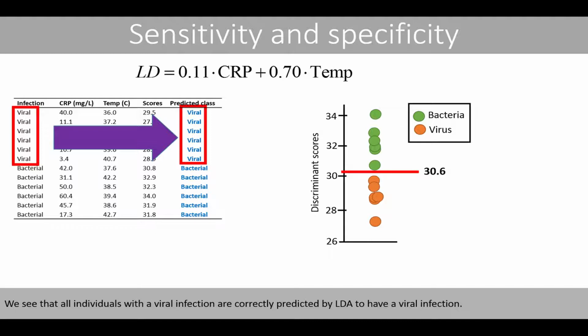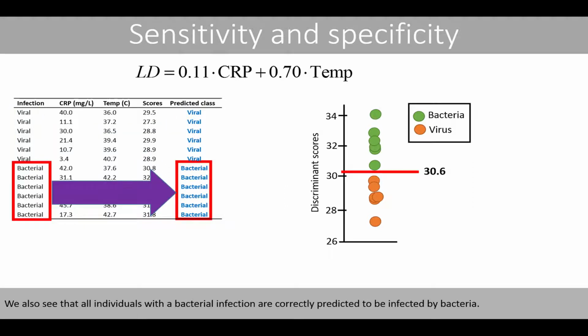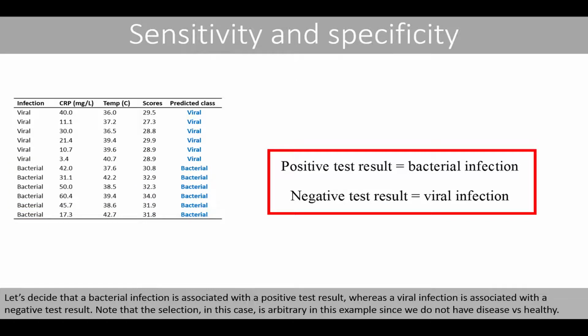We see that all individuals with a viral infection are correctly predicted by LDA to have a viral infection. We also see that all individuals with a bacterial infection are correctly predicted to be infected by bacteria. Let's decide that a bacterial infection is associated with a positive test result, whereas a viral infection is associated with a negative test result.